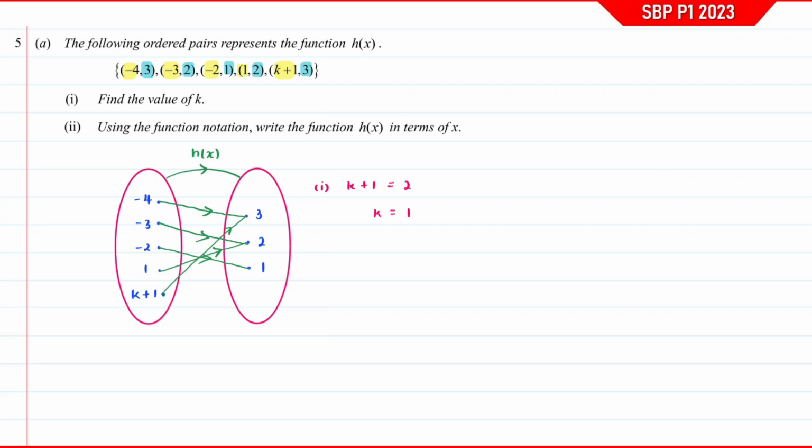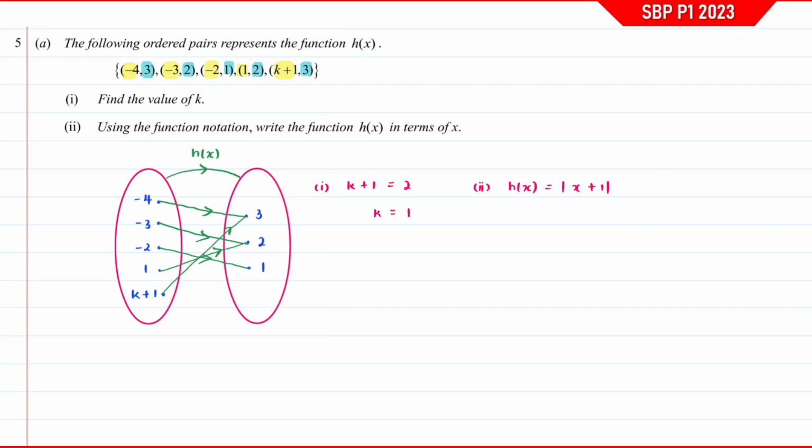Number 2, using function notation, write the function h(x) in terms of x. So for functions that change the negative inputs into positive ones, we try to relate it with square or modulus. In this case, it will be modulus. So h(x) is equal to modulus of x plus 1.